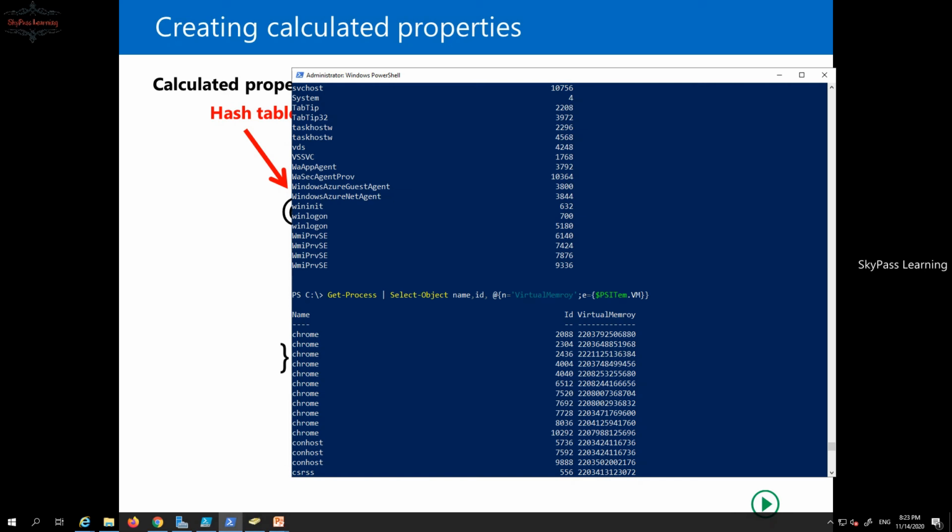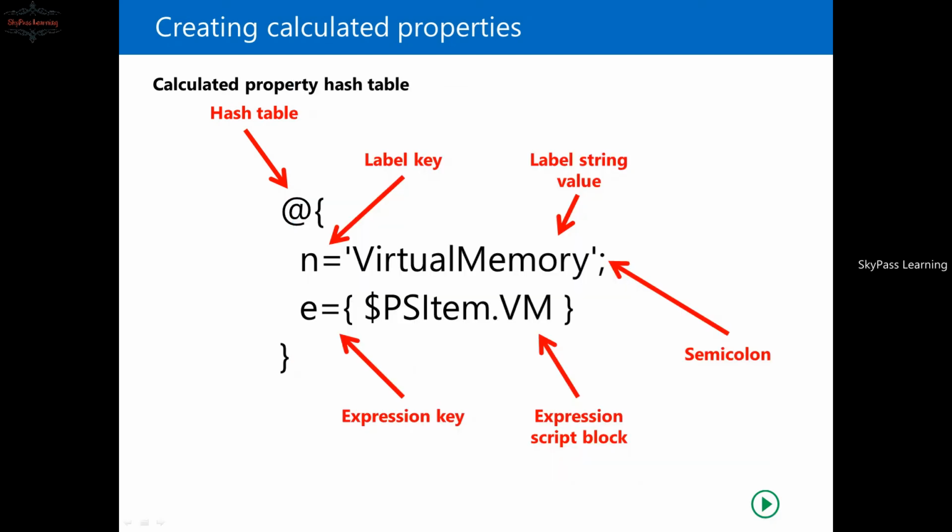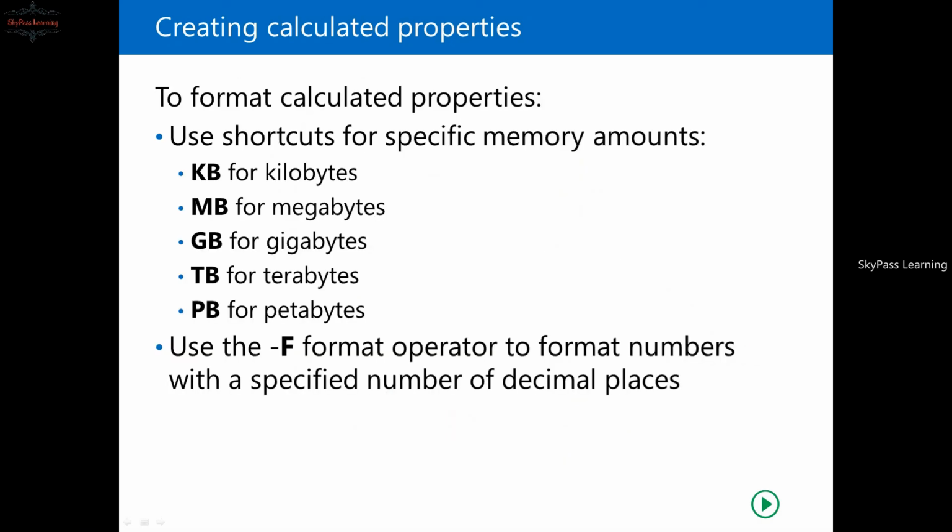And now what do I have to do if I add something else? Let me quickly go back. If you are calculating properties, there are a couple of shortcuts specific to memory. Same as for different mathematical calculations, you have mathematical functions available that you can discover in more detail.